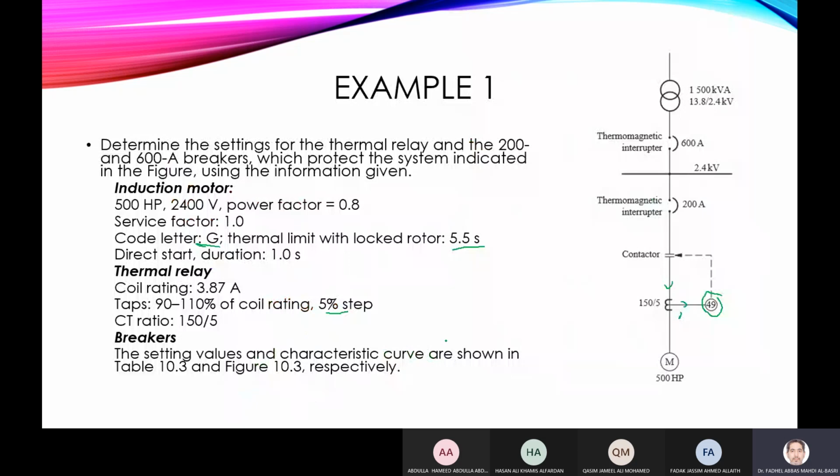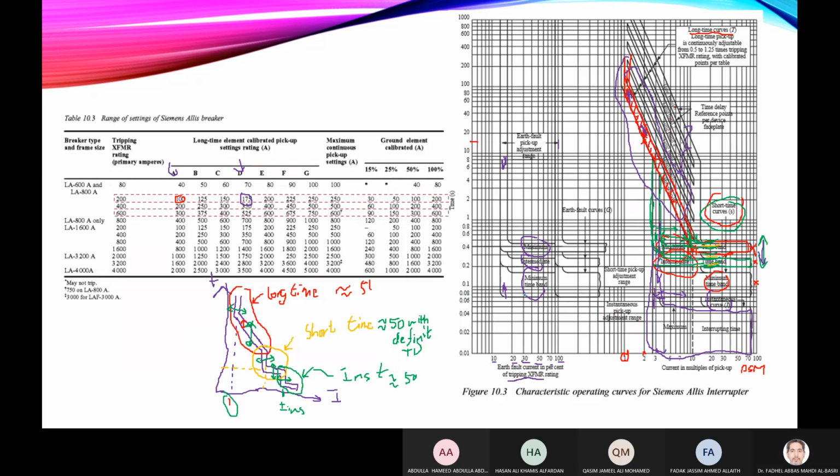I didn't give you the thermal relay here; I'll give you the curve for the thermal overcurrent relay. Also, you have to check that the lowest point of the curve at the starting current should be below the thermal limit, 5.5 seconds at locked rotor current.